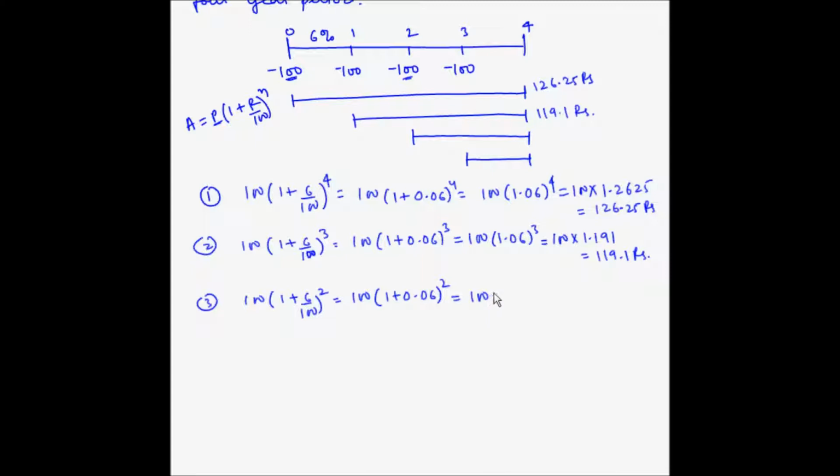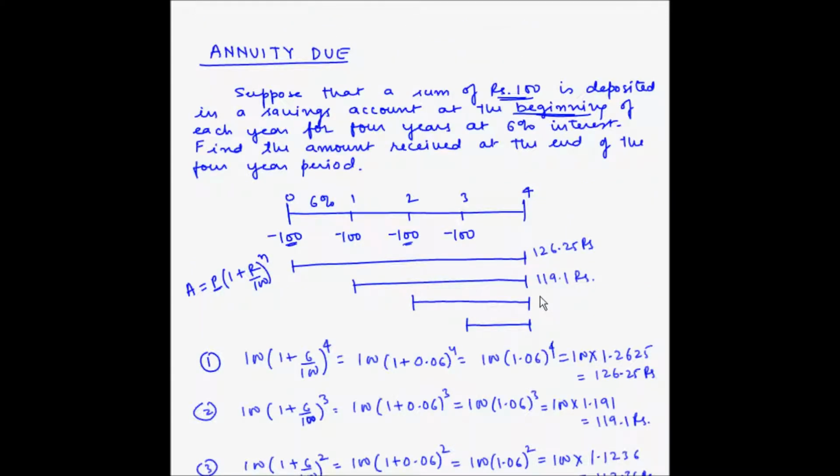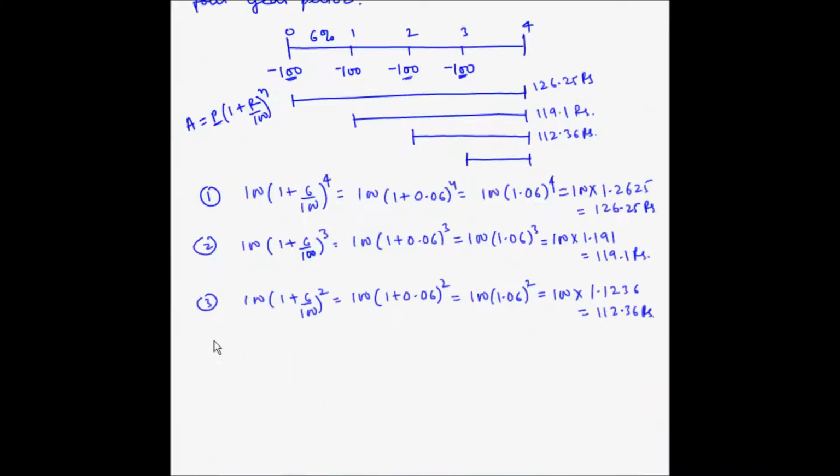This is equal to 100 into 1.06 to the power 2, 100 into 1.1236, which is equal to 112.36 rupees. So this becomes 112.36 rupees.